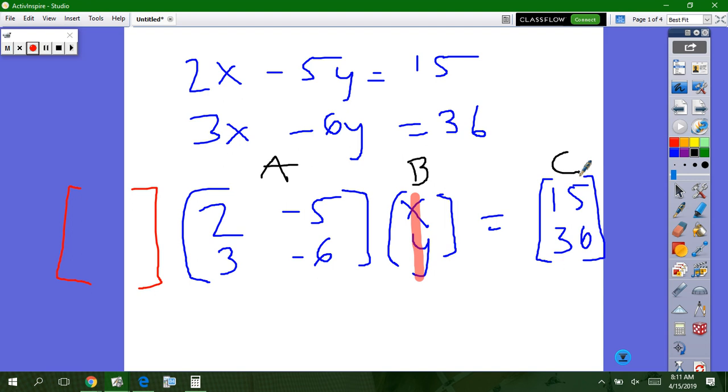So what I want to do, ladies and gentlemen, is I want to get rid of matrix A. For me to get rid of matrix A, I times by A's inverse. Who was A's inverse? What were those numbers that we had on the right side? Can somebody read them to me, please? Negative 2, 5/3, negative 1, and 2/3.